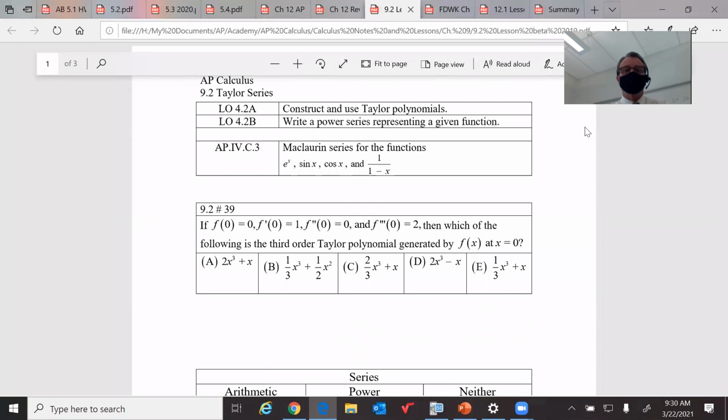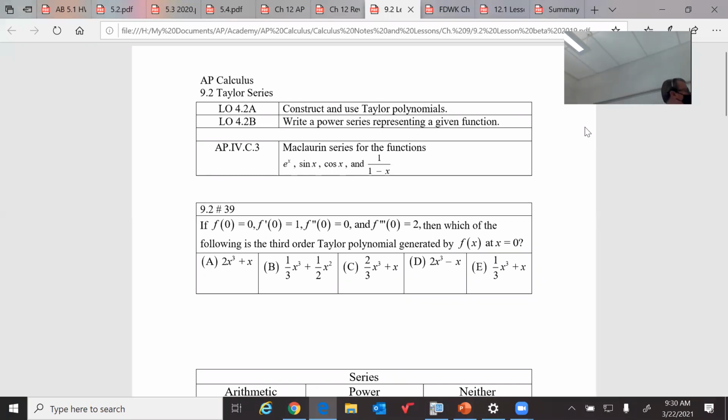All right. So here's the ones you memorize. E to the x, which you just saw, sine x, cosine x, and this geometric. This is from the old school topic sheets, which preceded the units. So College Board published these topic sheets going back years, and they wrote them on there.